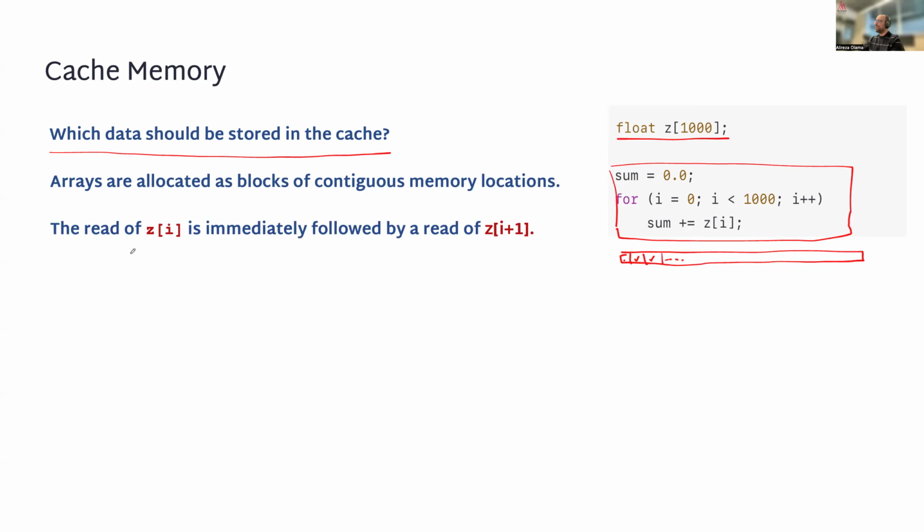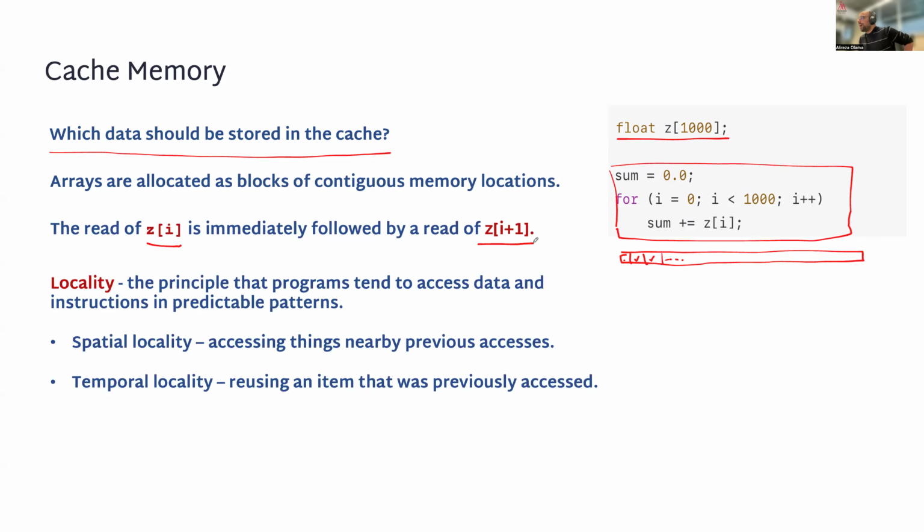We know that if we read Zi, immediately we need to read Zi plus 1. So with a high probability, our program needs to access data in a predictable manner. Especially when you're working with arrays, we know that if you read Z0, then you need to have Z1 with a high probability, right?